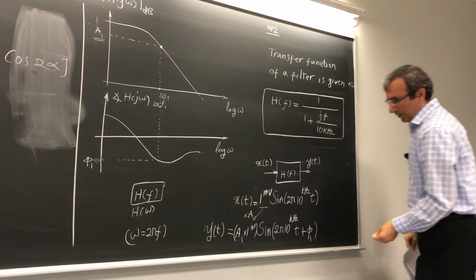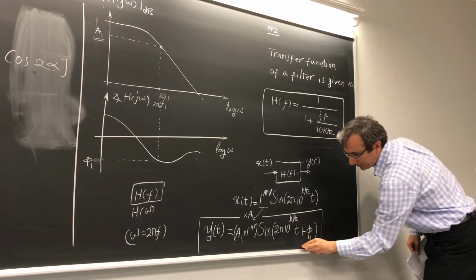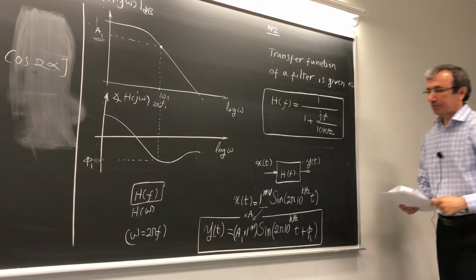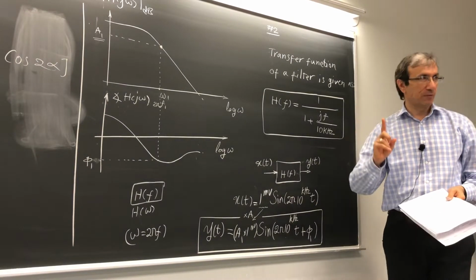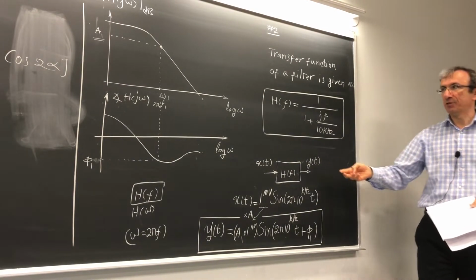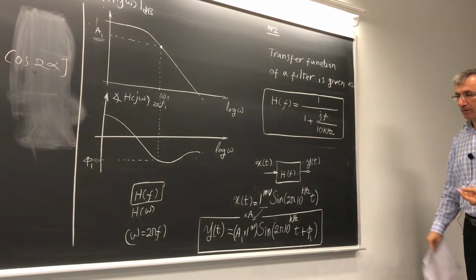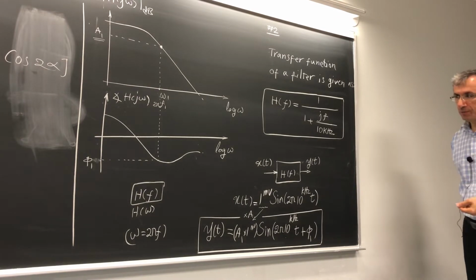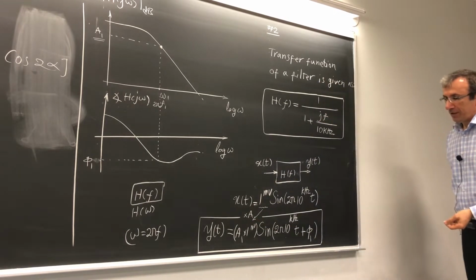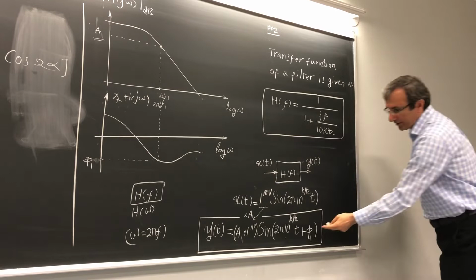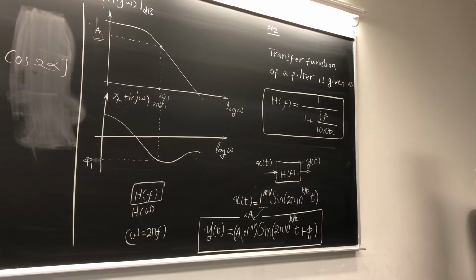So the easy way of finding the output, for the case where the input is a single frequency one, is just to calculate the magnitude and the phase of the transfer function, then multiply the input amplitude by the magnitude of the transfer function, and add a constant phase, which you can calculate at the frequency of the signal from the transfer function.